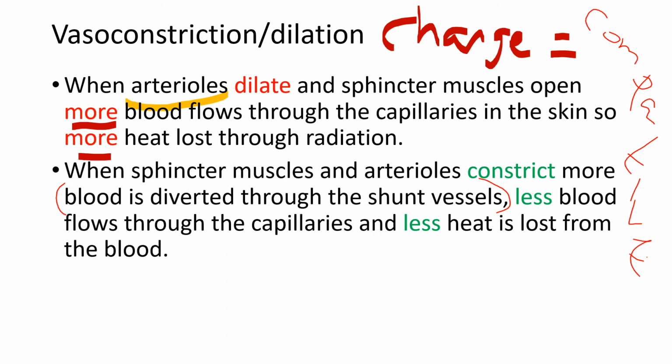It's vital that you use that language, and it's not difficult language. And it's the same for any time you are showing that there has been a change. You'll see mark schemes usually say use of more once, use of less once. So you don't have to use it for everything, but you do have to show that this has changed.